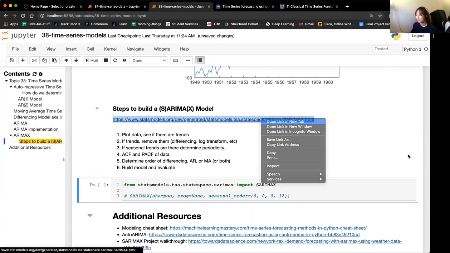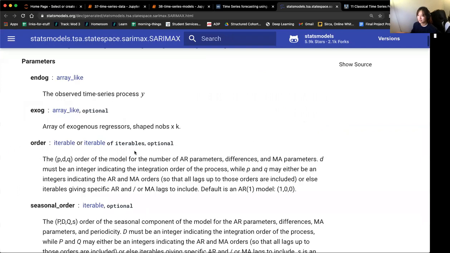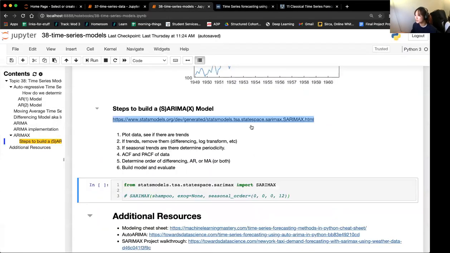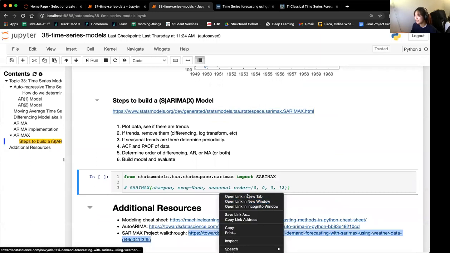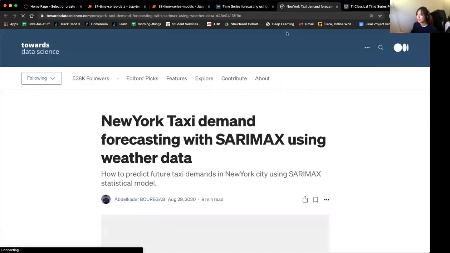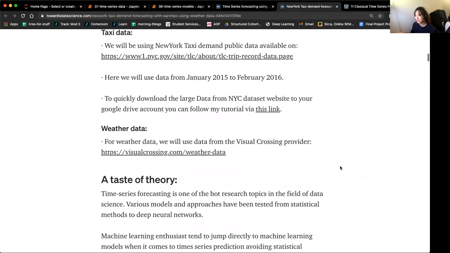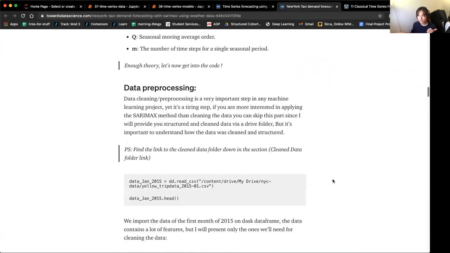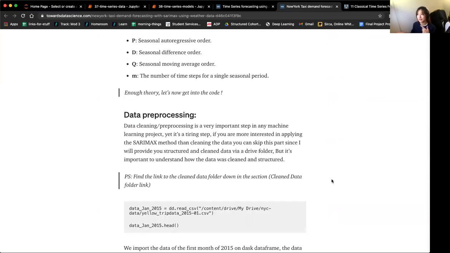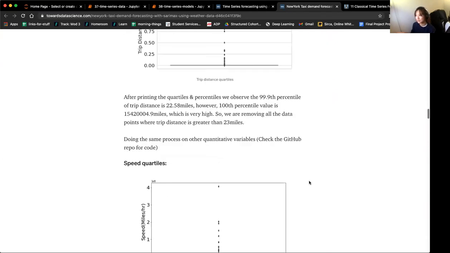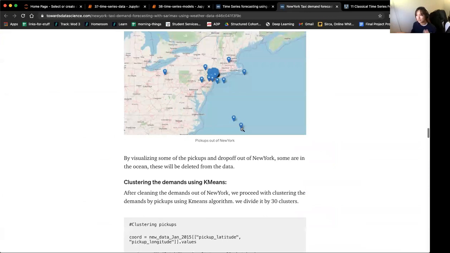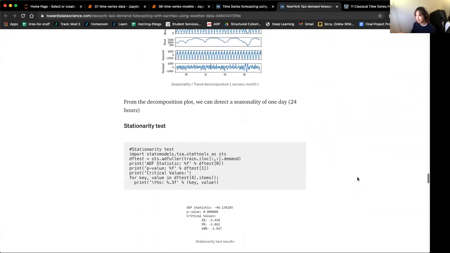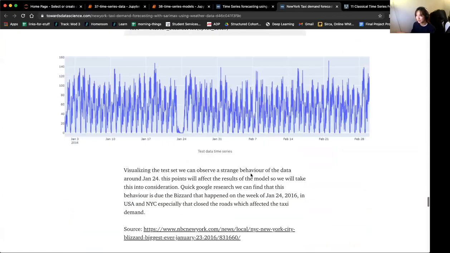I do have a walkthrough. This is the documentation that I have linked here, but I also have a walkthrough for SARIMAX. You can take a look at this project that someone did that includes exogenous variables and also includes seasonality. You can take a look at their EDA, how they determined what the best P, D, and Q were, how they determined the best values.